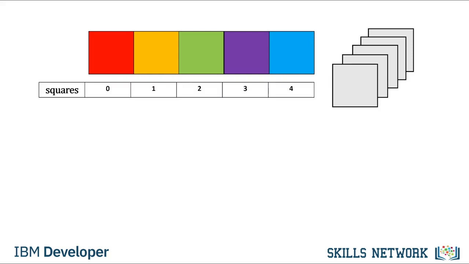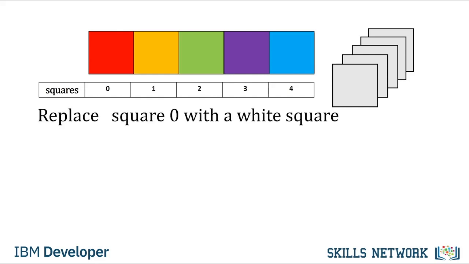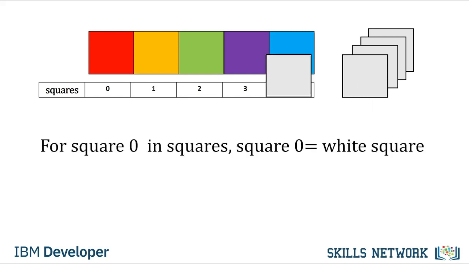Let's give each square a number to make things a little easier, and refer to the whole group of squares as squares. If we wanted to tell someone to replace square 0 with a white square, we would say: replace square 0 with a white square. Or we can say, for square 0 in squares, square 0 equals white square.